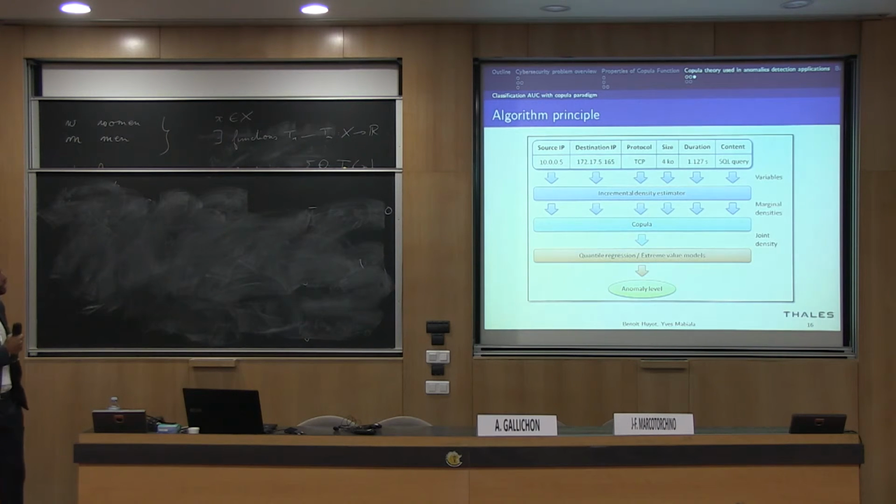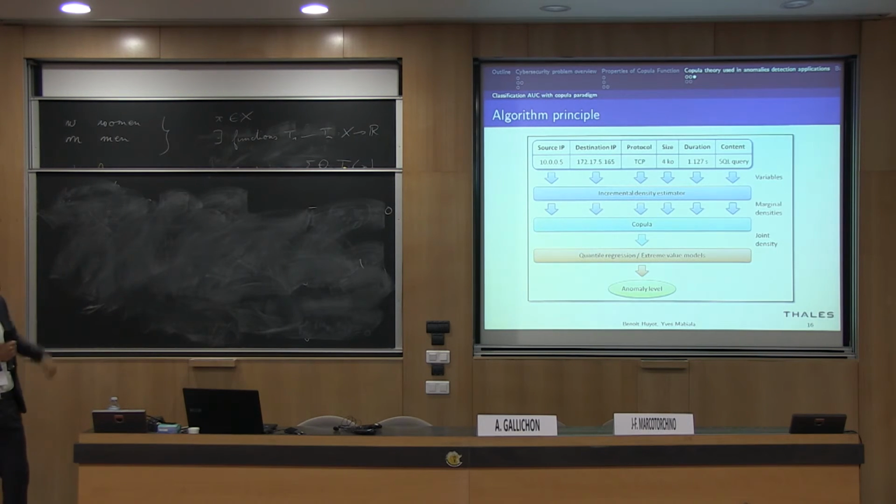So what we do here is, as I told you, we take the 6 variables in this case as input. We perform density estimation in an incremental fashion. I will insist on incremental fashion because in cybersecurity you want your model to be evolving, to be up to date, so you have to be fully incremental.